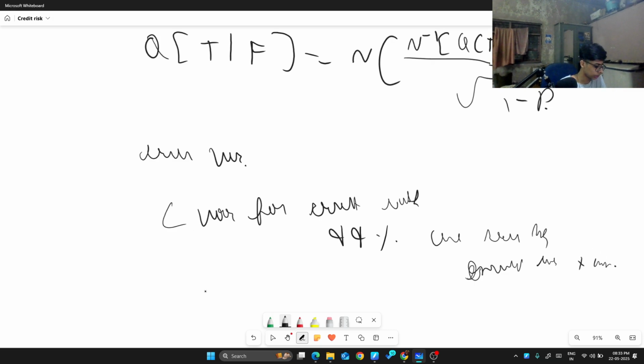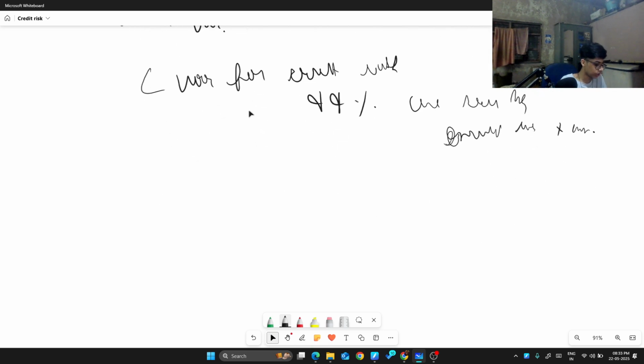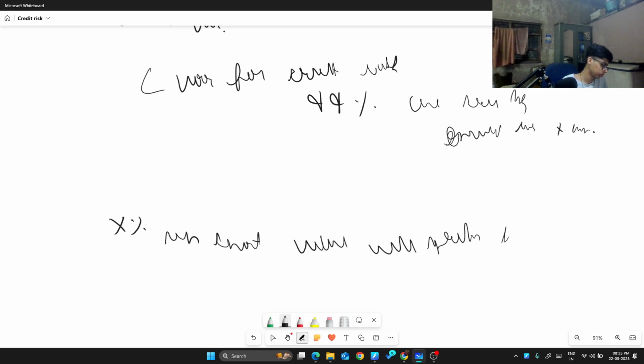So in a certain way we can say that we are x% certain that the value will be greater than 1 minus x, equal to minus N inverse of x.